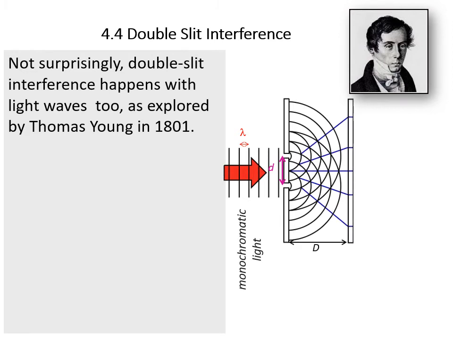So you have light with wavelength lambda incident on two slits, and these slits are a distance lowercase d apart. And then at some distance, capital D to the screen, you'll see an interference pattern. Bright fringes and then dark spaces in between the bright fringes.